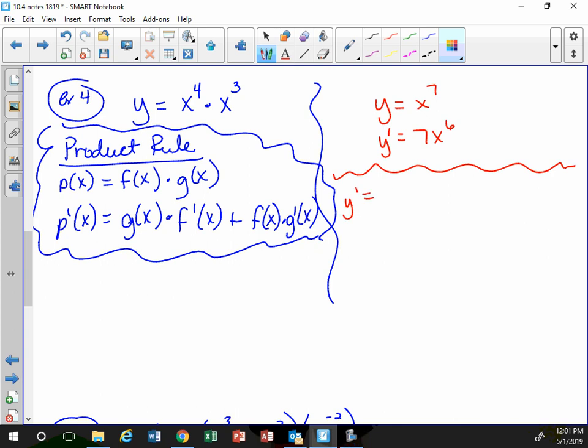It is the second, whatever you're multiplying, times the derivative of the first, plus the first times the derivative of the second. So my second is x cubed, times the derivative of my first, 4x cubed. Then plus the first term, which is x to the 4th, times the derivative of the second.